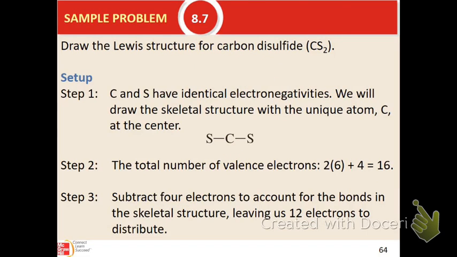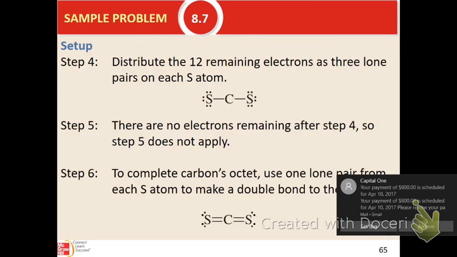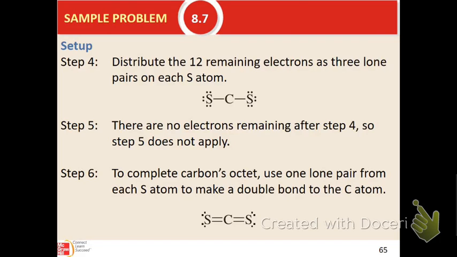Alright, so now I'm going to take those 12 left over and distribute them, which is exactly what I did. I distributed them so that I have 6 around each sulfur. I had drawn them on the other page.